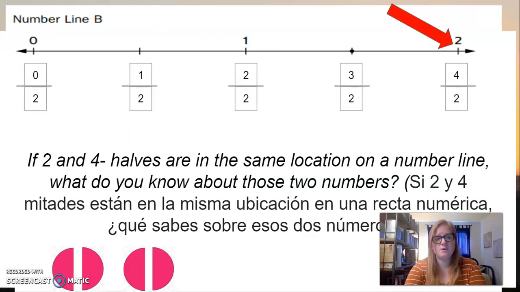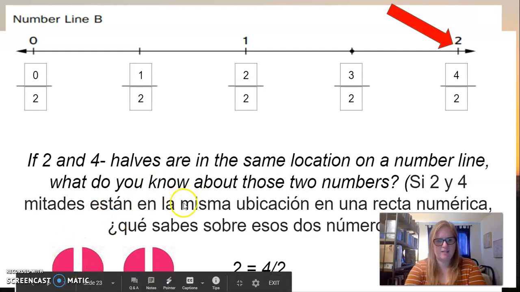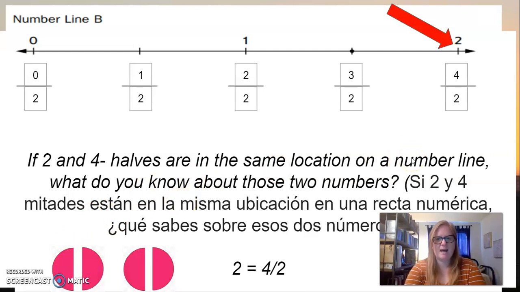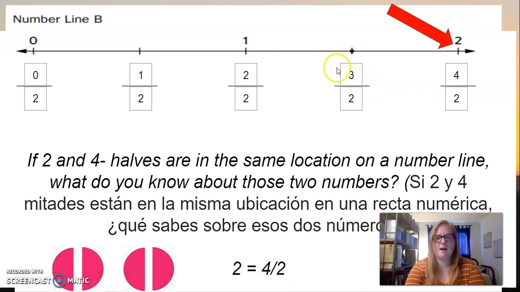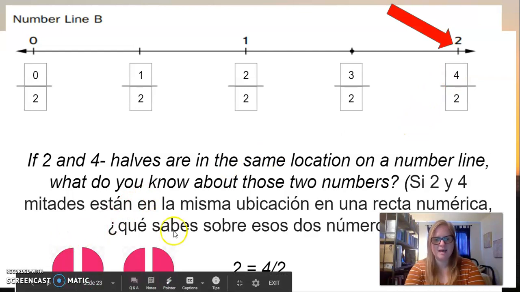Okay, so if 2 and 4 halves are in the same location on a number line, what do you know about these two numbers? I drew this out for you down here because we have 0 halves, 1 half, so one pink piece, 2 halves, two pink pieces make the whole, 3 halves make a whole and a half, and then 4 halves all together make 2 apples.